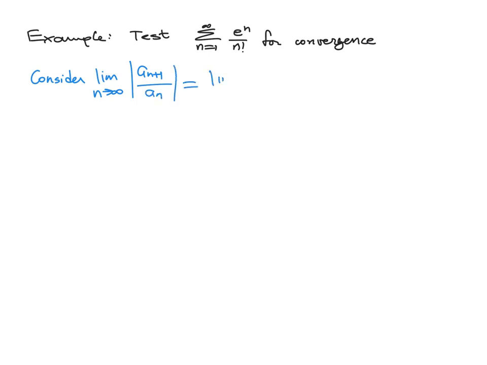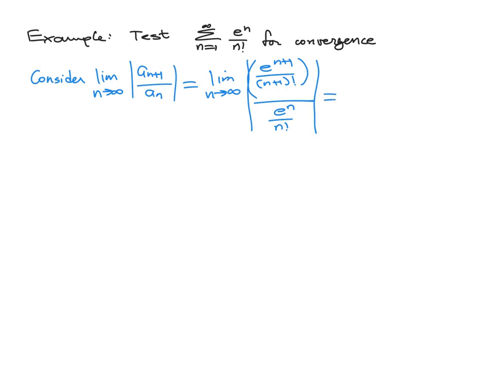That's going to be the limit as n goes to infinity of the absolute value of e^(n+1) over (n+1) factorial, that's the a_(n+1) term, over e^n over n factorial, that's the a_n term. And of course, the absolute value completely disappears here.